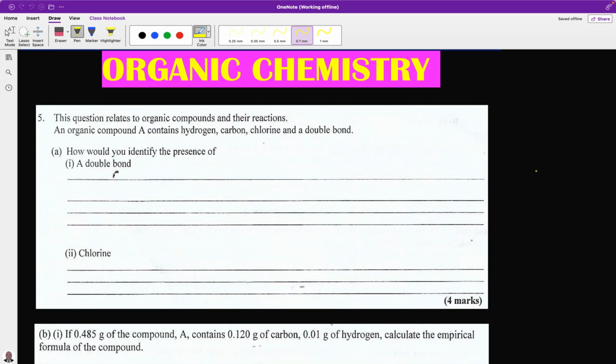To identify a double bond in an organic compound, there are 2 methods. You can either use bromine water test, or you use Bayer's reagent.